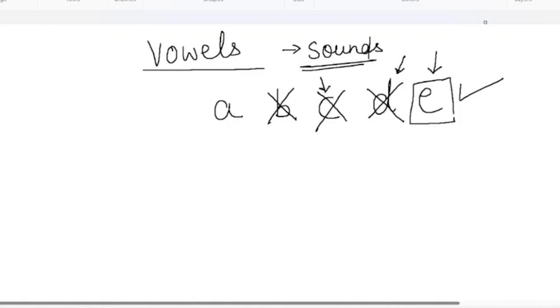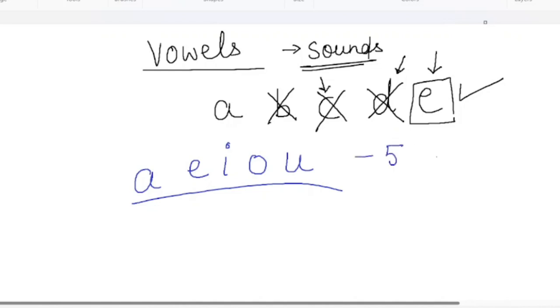If we check all the alphabets, we will find that A, E, I, O, U are the vowels. These are 5 in number. You can write them on the fingers of your child so that while playing they can see these vowels and learn them.